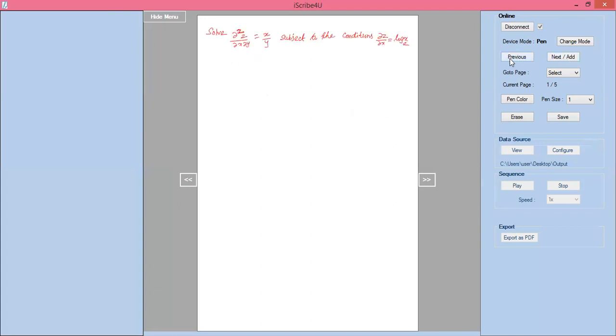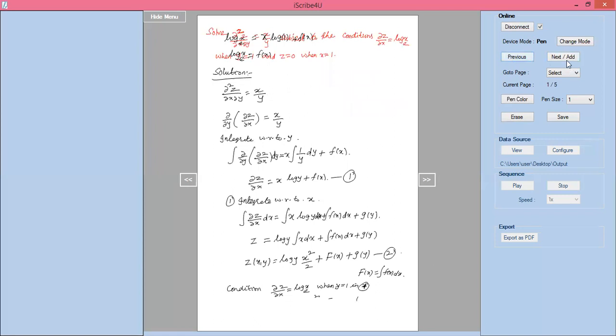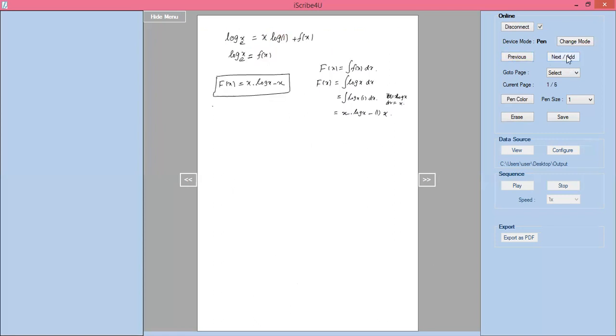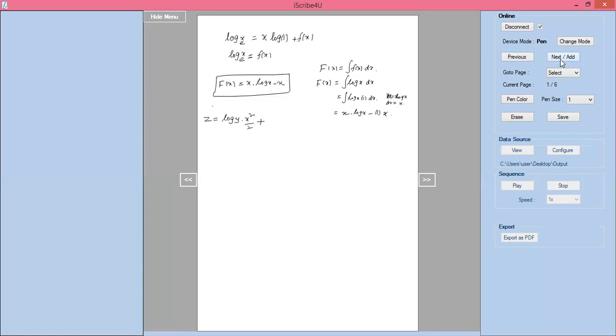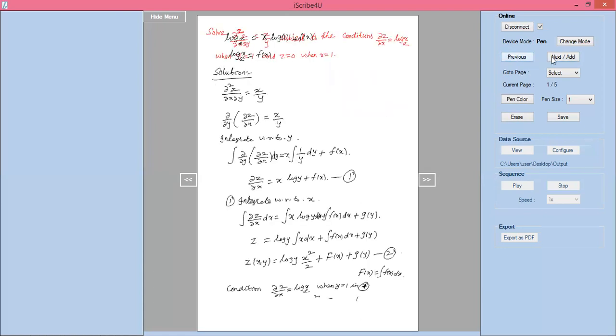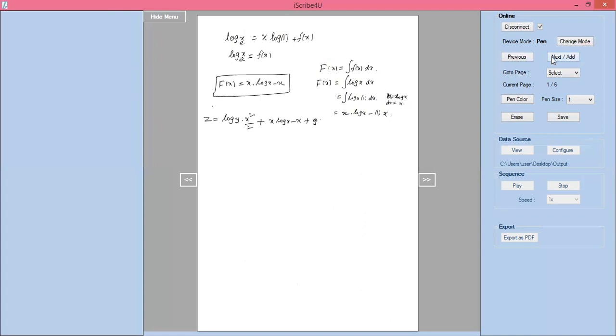Equation 2 is nothing but z equals log y into x square by 2 plus x square by 2 plus f of x, which is capital F of x, nothing but x log x minus x, plus g of y.